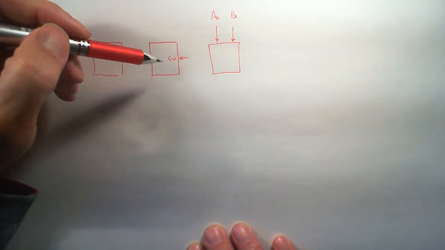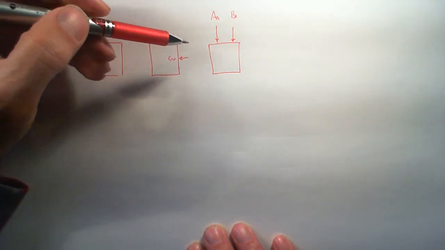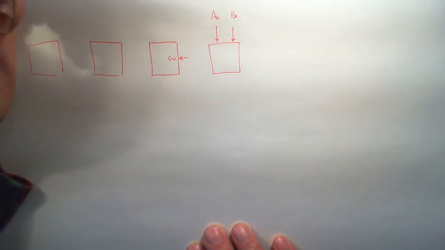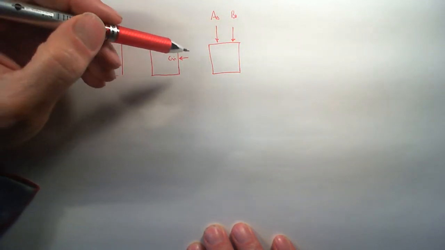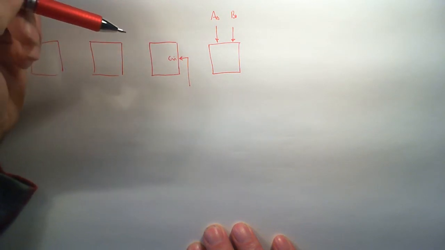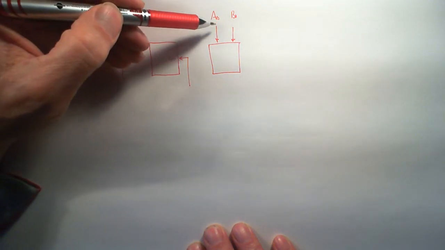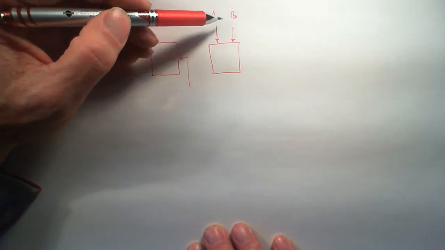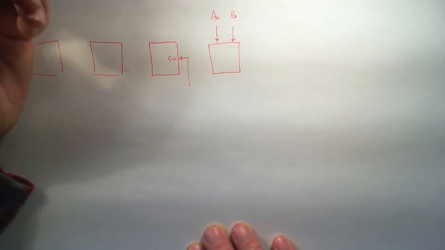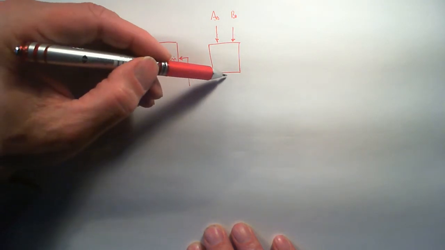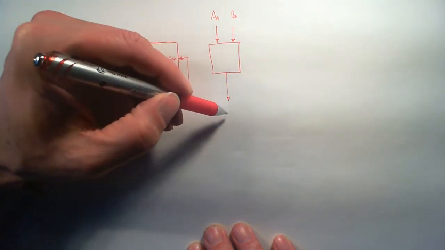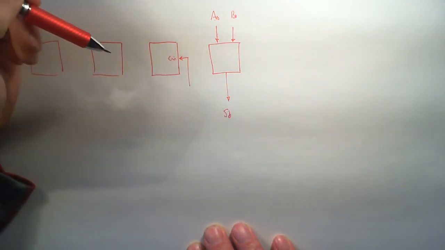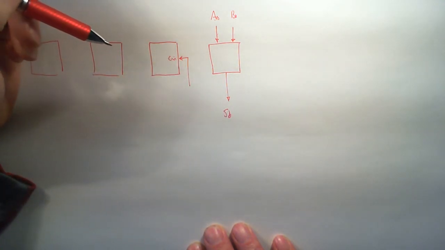We can think about forming this carry in terms of the information we have available in the lower significant bits. This carry in to this stage will be driven anytime these bits are both a 1. So if A0 and B0 are 1, we'd add 1 and 1 together and get a 2. The sum bit out would be a 0, and the carry out to the next stage would be a 1. That sort of makes sense.